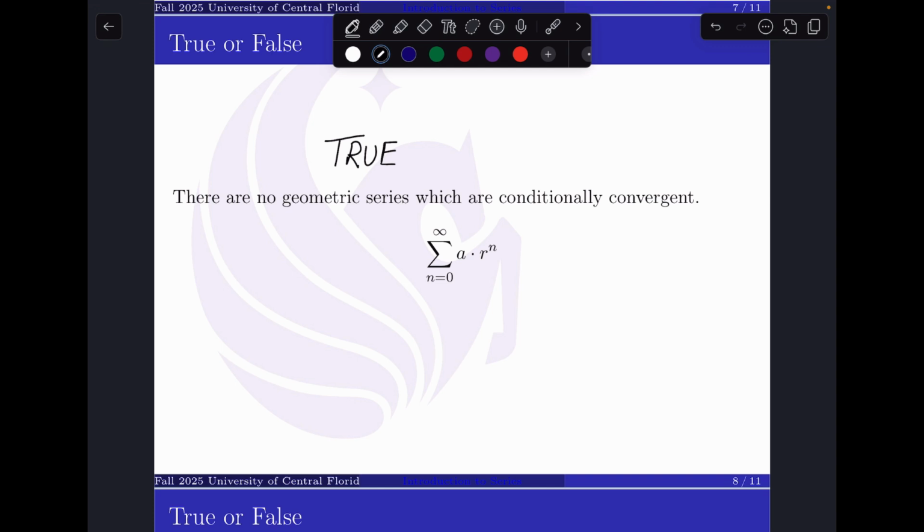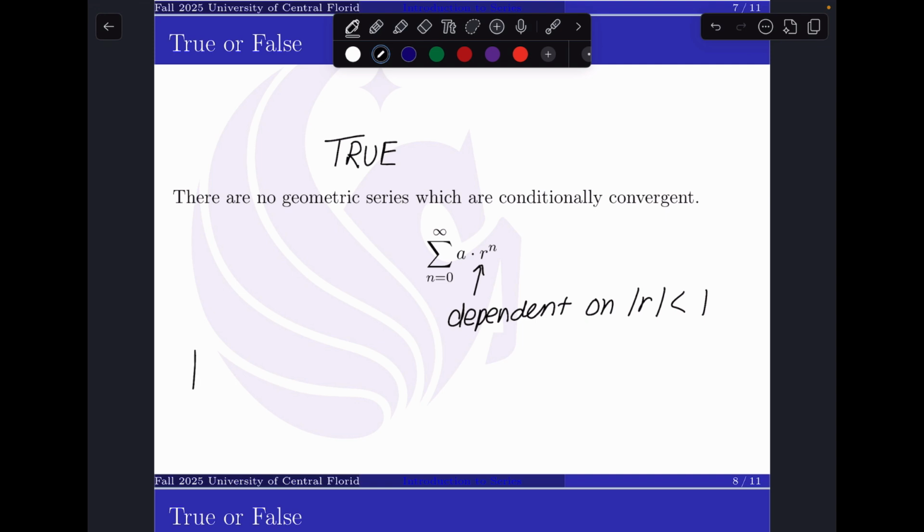The reason being, if this guy is convergent, it's dependent on the absolute value of r. If r is positive or negative, it doesn't really matter because we consider the absolute value of r and we check if this thing is less than 1.